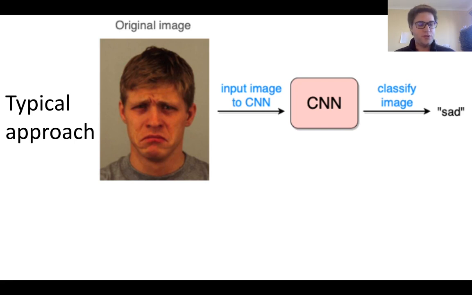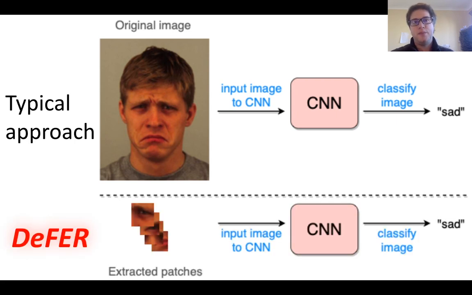Here's a typical approach where one would have an input image and maybe do some pre-processing and then put it into a CNN, train the CNN model, and get a classification output. But in our case, the input is not the complete image, it's extracted patches. So we extract certain patches, input those into the CNN, train the CNN, and then get a classification output.